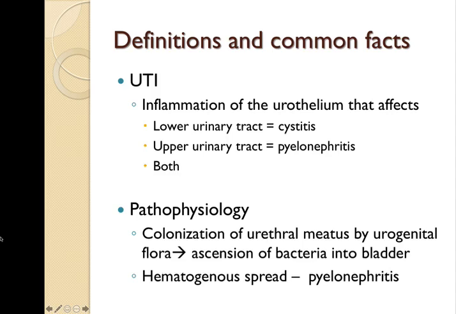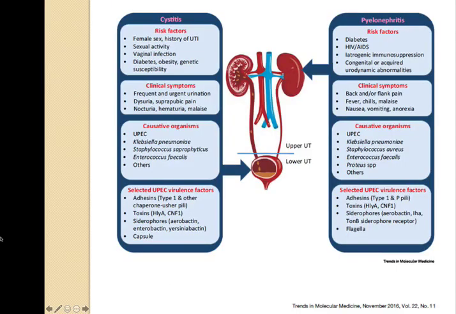We'll go over the pathophysiology of the urinary tract infection. So typically what happens in the beginning is that the pathogenesis starts with a colonization of your urethral meatus by uropathogens that come from our fecal flora, basically.